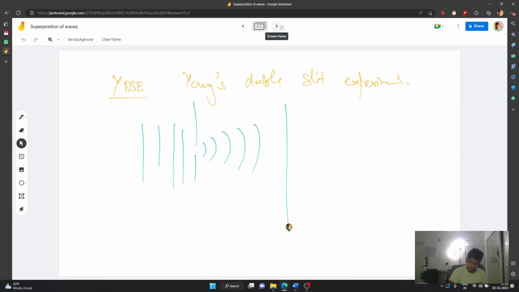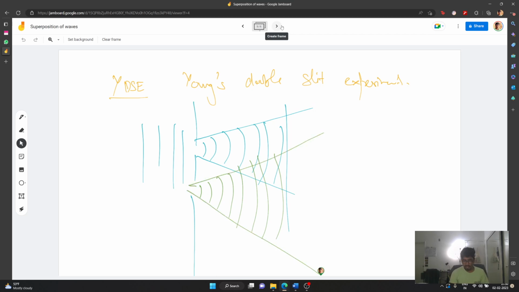Now what he did was made another hole in the wall. We said that will also produce waves, and what will happen? You know where I'll go with this. So one is producing waves like this. The other one is producing waves like this. Now the question is, what will happen in the yellow area in the middle?